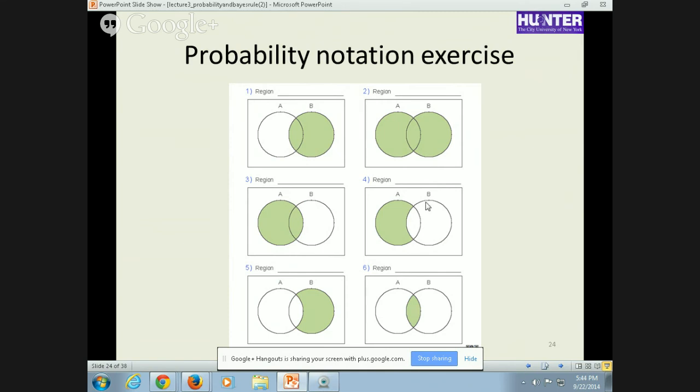So A and not B is a description of this green shaded area. An equivalent description is A minus this area, which is A intersect B. Was that your question?